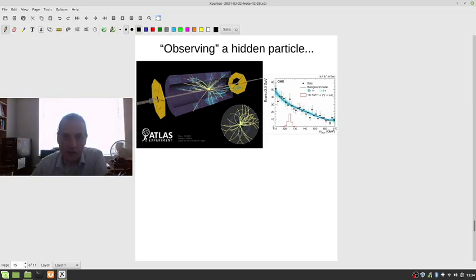So for instance, here at CMS, here's an experiment that I saw a notice about when I just Googled this. You'll see that they're looking for events from the decay of a Higgs boson to two photons. Okay, so from the Higgs boson to light particles.